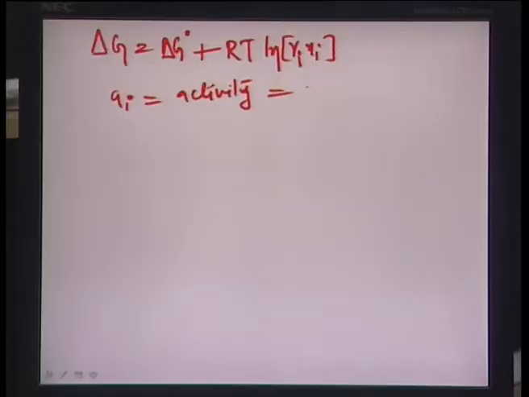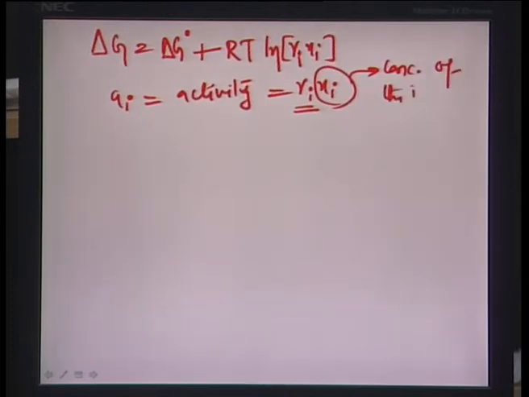Okay. But in our case here, the activity is a function of concentration. Here, because of the several interacting ions present in the solution, the activity is a finite value gamma I into the concentration of the ith species. Okay.